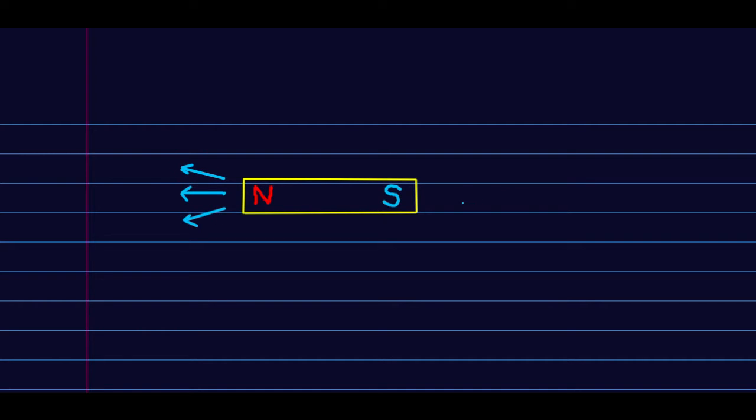If you put it near the other end, its north-seeking pole is attracted to the south pole of this magnet, and its south-seeking pole is repelled, so it would point that way. And if you continue, you would find that it does something like this.